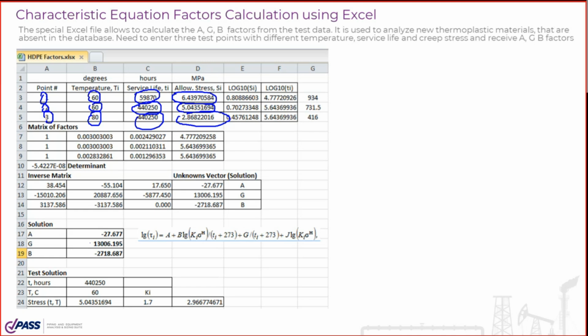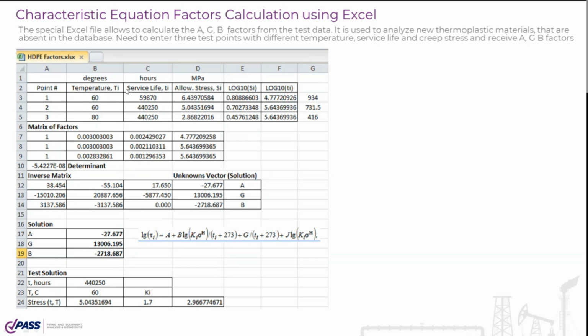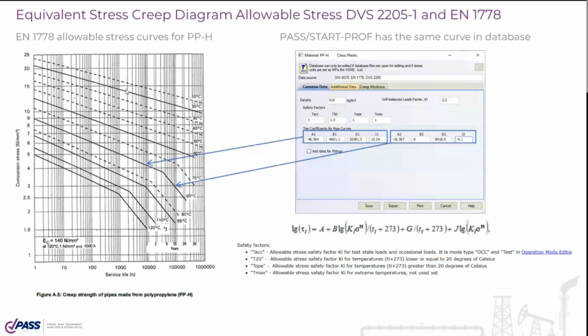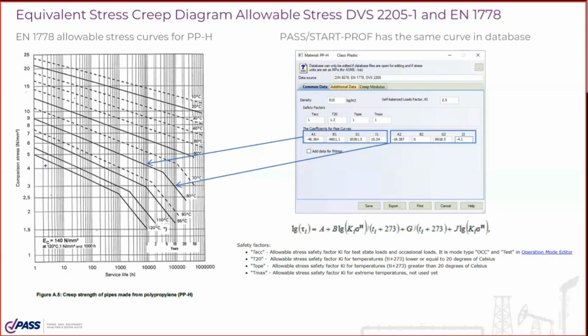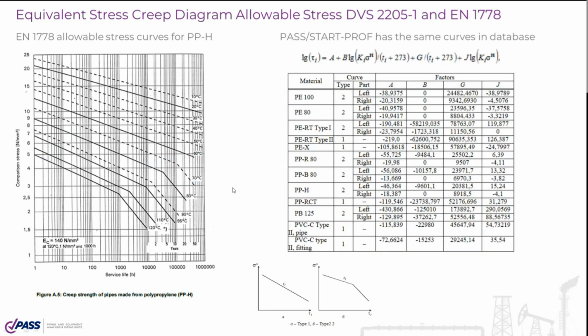After calculation, you will receive the A, G, and B factors. If you have the diagram, like this, you can just take three points from this diagram, first, second, and third, and this is enough to calculate those factors for the characteristic equation.